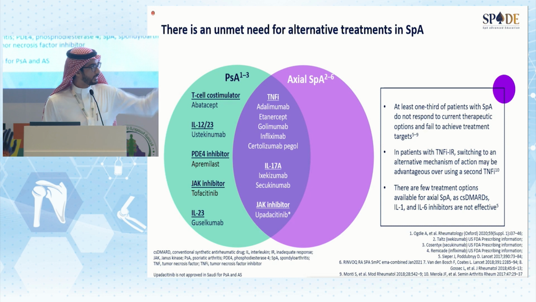And you can see in the square that at least 1/3 of patients with spondyloarthritis do not respond to the current therapeutic options and fail to achieve treatment targets, which really leaves us in a huge challenge and thirst of trying to find new molecular targets in the management of these patients.